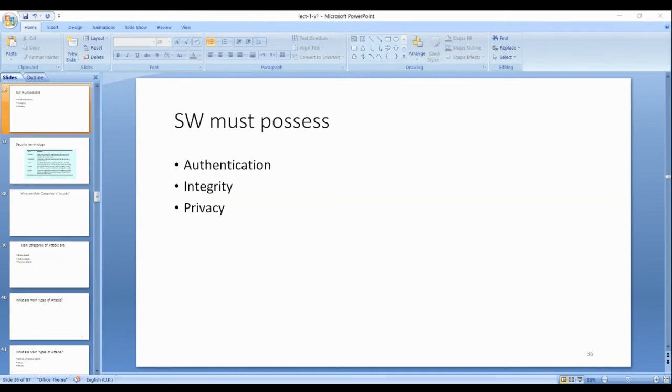Like VPN, virtual private network. So end-to-end security, point to point, like a secure tunnel.